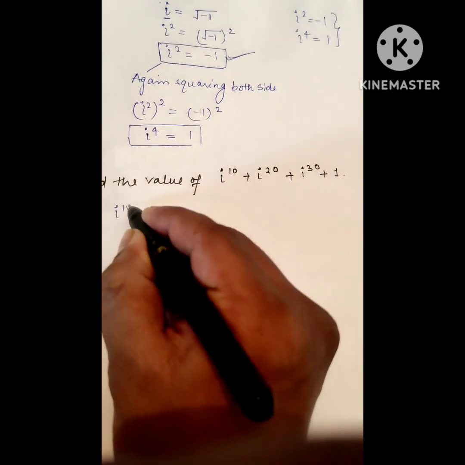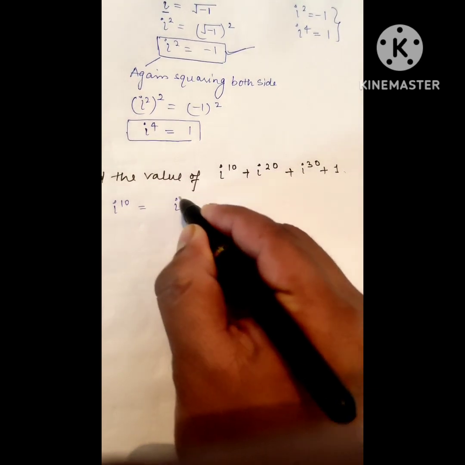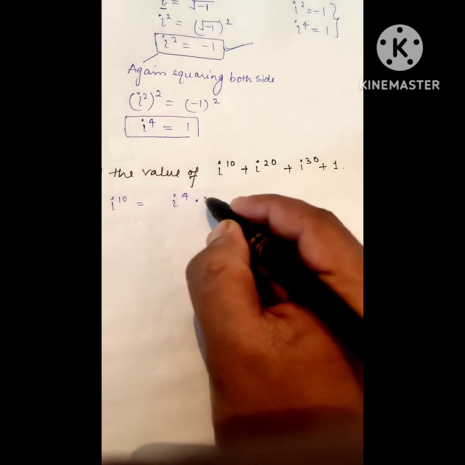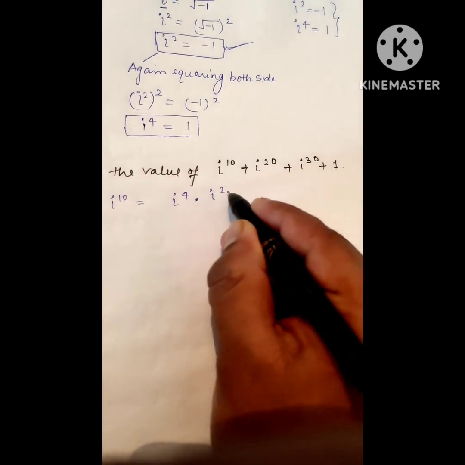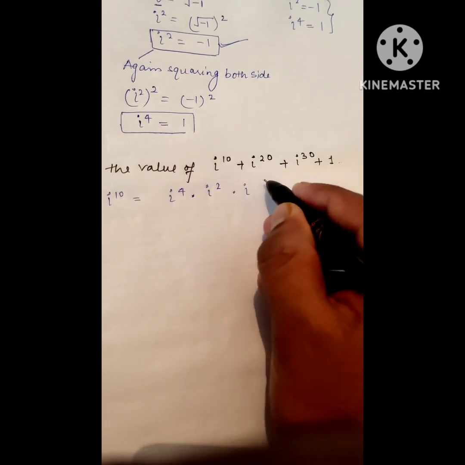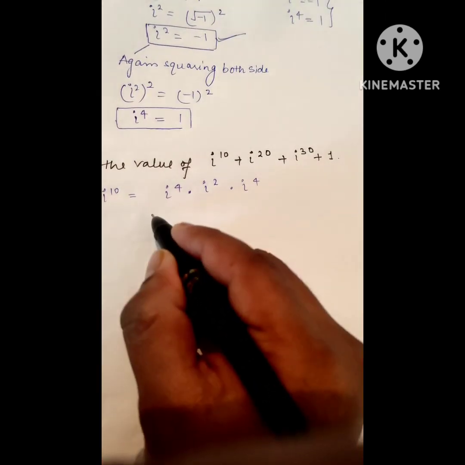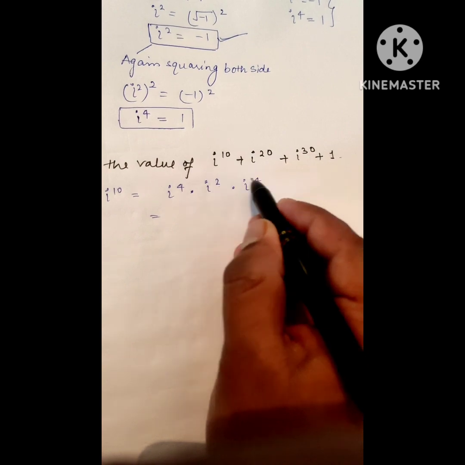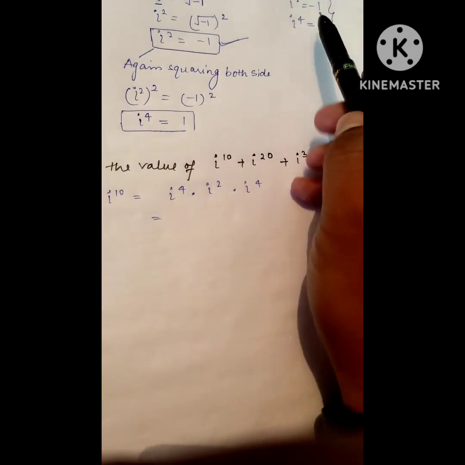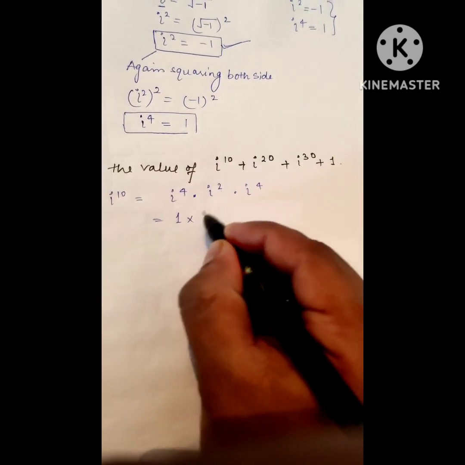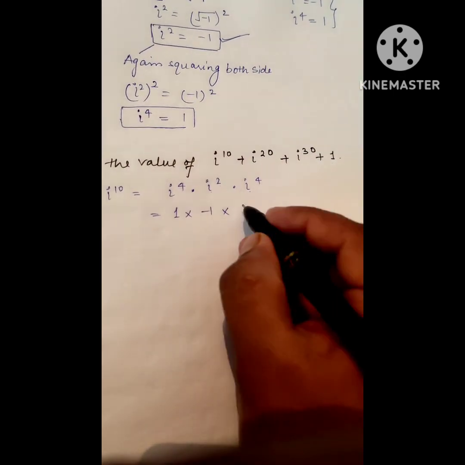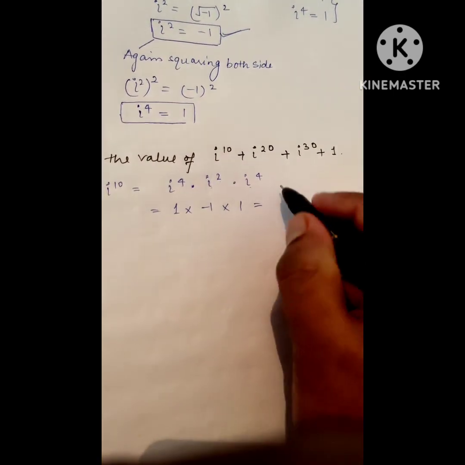The value of i to the power 10 is i to the power 4 times i to the power 4 times i square, that is 4 plus 4 plus 2. i to the power 4 is 1, i square is minus 1, and i to the power 4 is again 1. So multiplying this, we get minus 1.